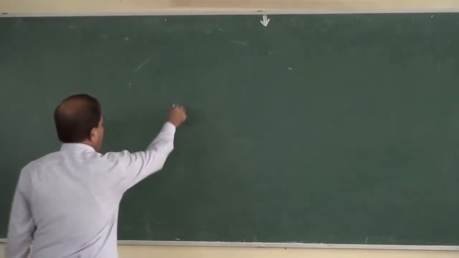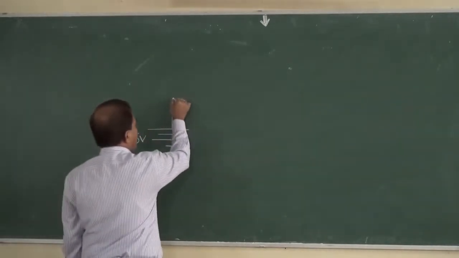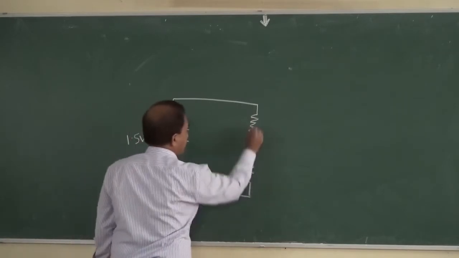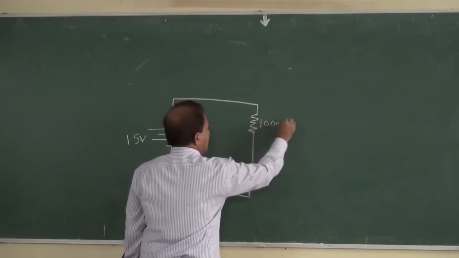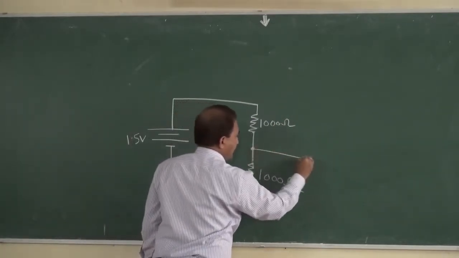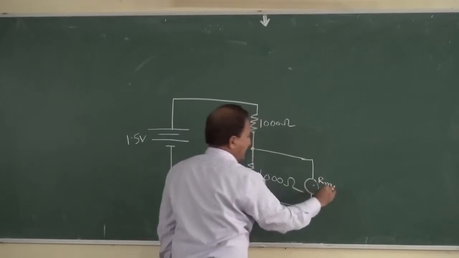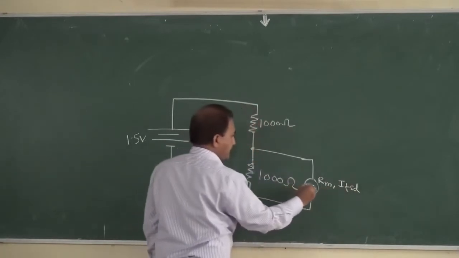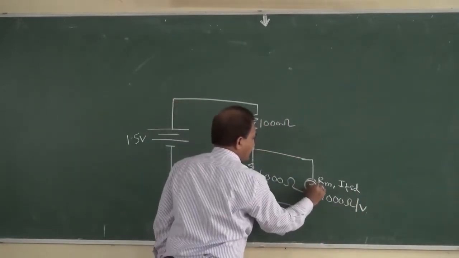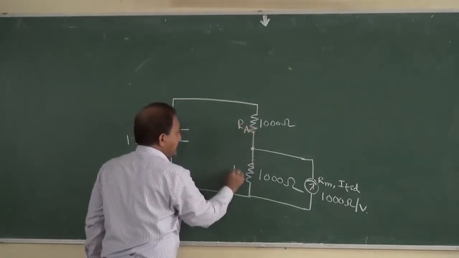Now, suppose you can see this circuit. Suppose this is 1.5 volt, and this resistor is RA and this is RB.